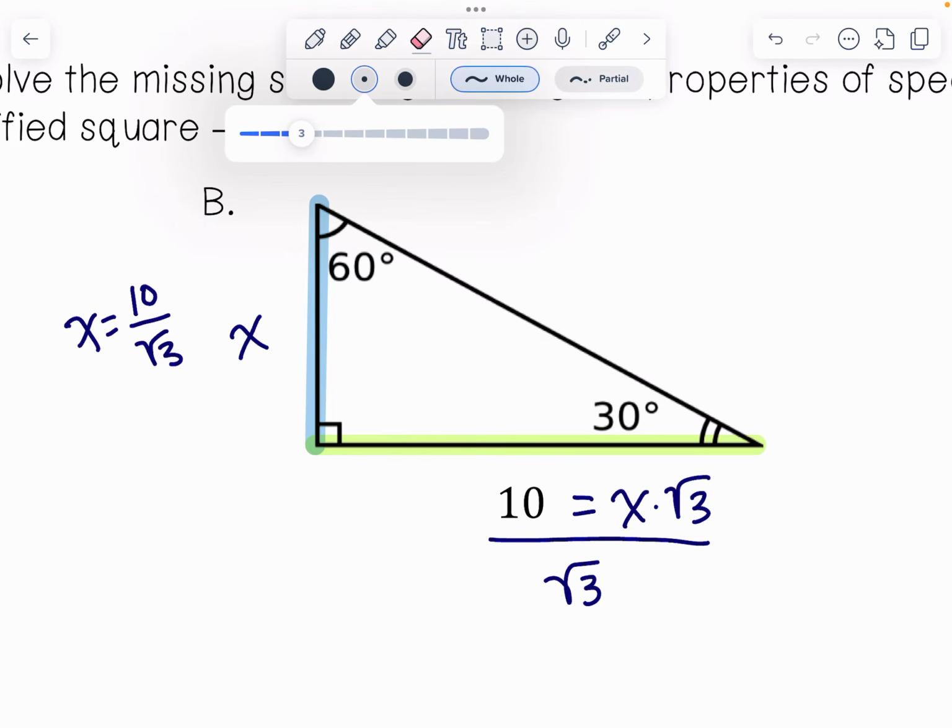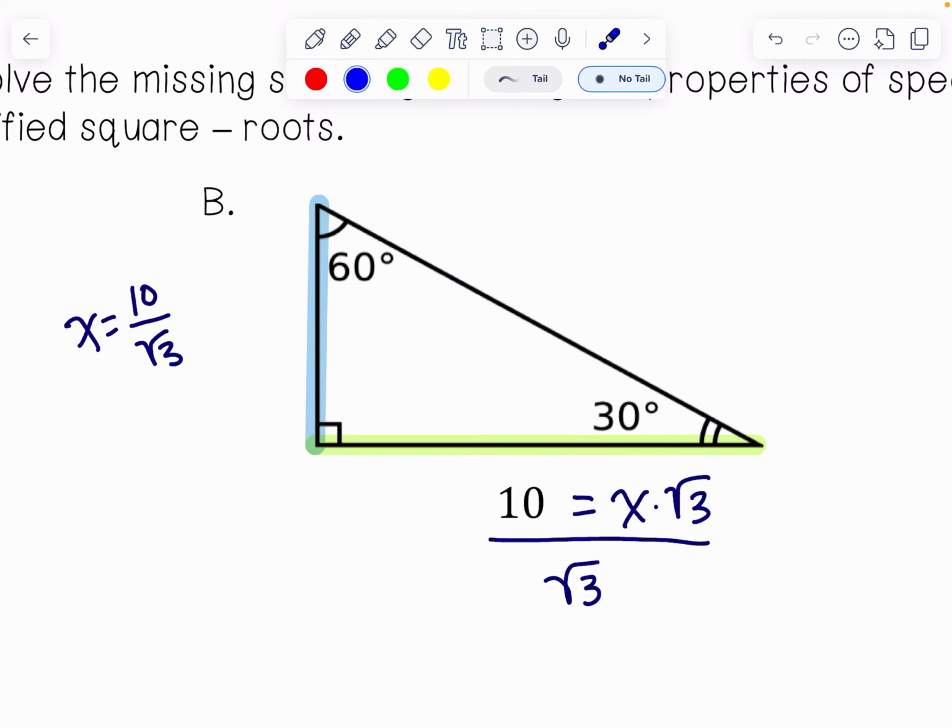There's only one small problem with this answer, though. We don't like to keep a radical in the denominator. You can't really divide by a number that never ends. So we want to do what is known as rationalizing. So 10 over the square root of 3. Because this is a square root, you get rid of a square root by squaring it. So squaring it just means multiplying it by itself.